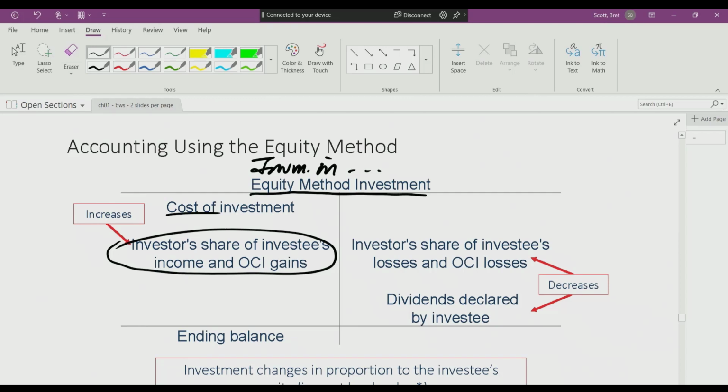But if they do well, we do well, which is kind of like cheating. Some people call it double counting to some extent, but that's okay in the eyes of the FASB. Essentially, we'll up the investment account and we'll get to record as income a portion of their net income in our net income. It's beautiful. But the bad thing is the opposite's true. If the subsidiary does crappy, we're going to do crappy as well.